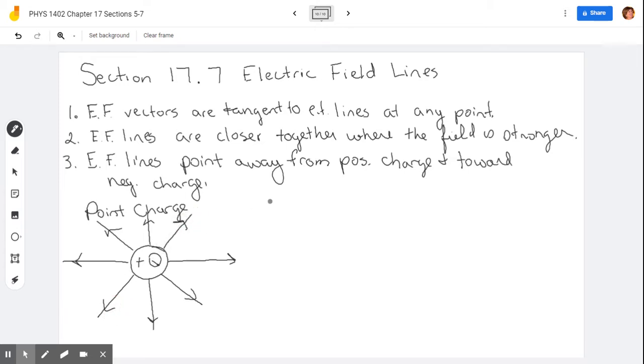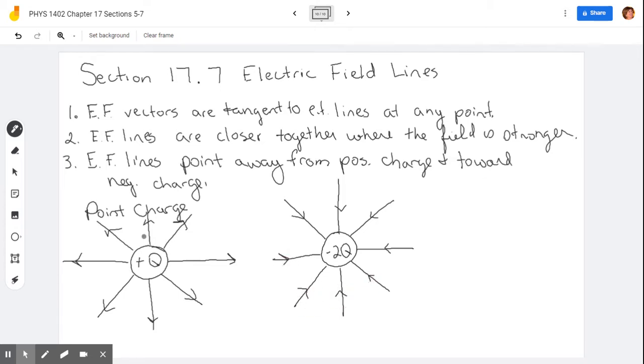Now, if I have here a negative charge, but this is twice as much charge, negative 2Q, I indicate the fact that it's negative by drawing the electric field lines pointing in. But I also need the number of lines to be proportional to the charge.